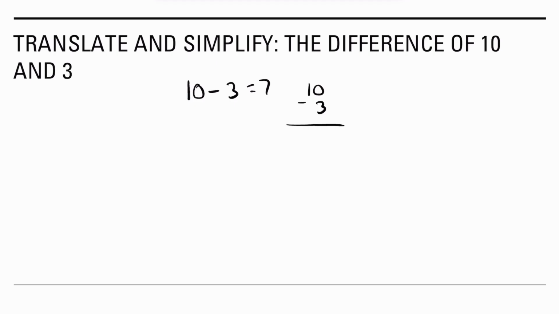So 0 minus 3, well, I can't do that, so I have to borrow. That becomes 0, that becomes 10. And now I'm left just basically doing the same thing. And so in that case, it's just about knowing what's 3 less than 7. So you're welcome to count down, or if you're knowledgeable enough, then you should just have those kind of things memorized. If not, I'm sure you will in the future.